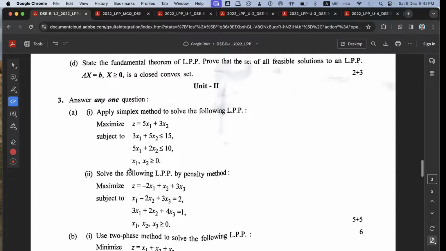Unit 2, question 3. Apply the simplex method to solve the following problem. Maximize z equal to this, subject to this.